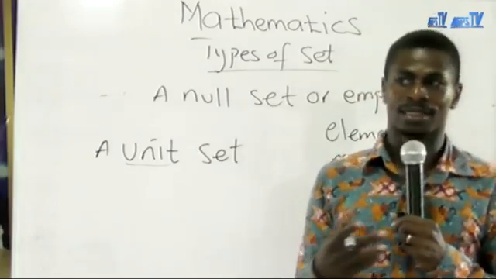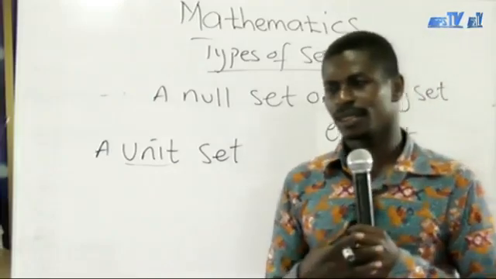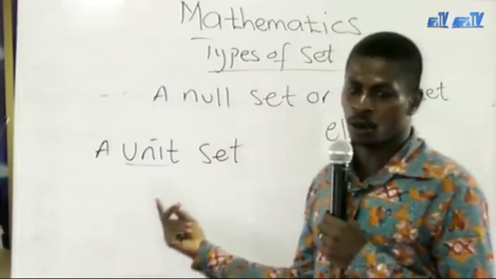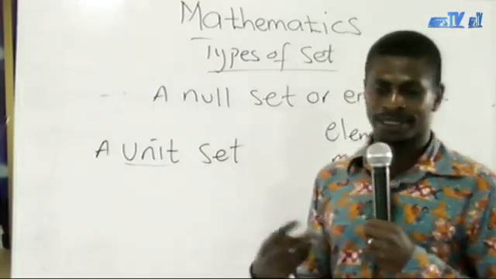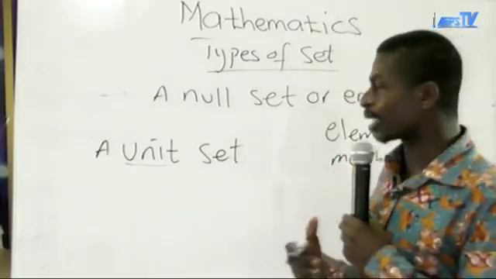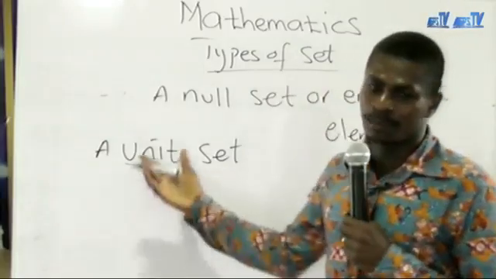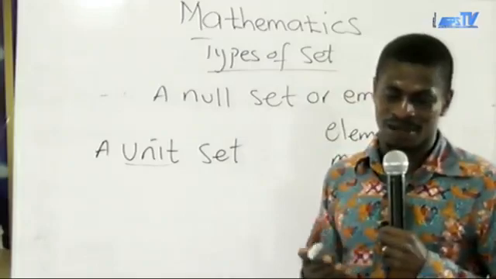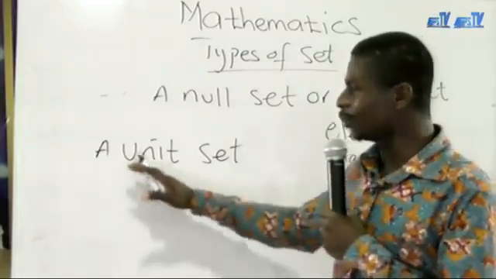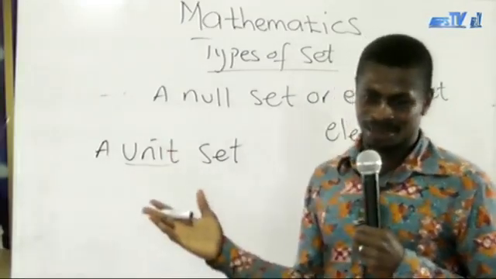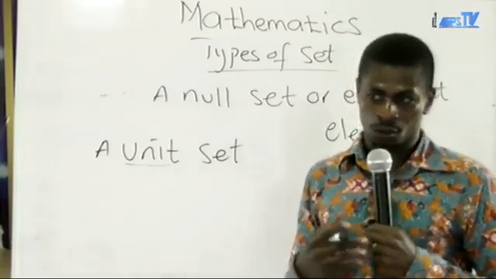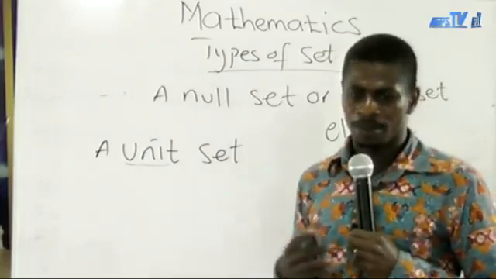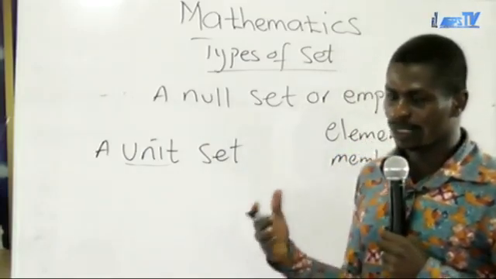When we say tri, we are talking about three. And so when we are saying mono, mono is one, or you can call it unit, which is one. So when we are talking about a set, and we are talking about unit, which is one, then definitely you agree that when we are talking about a unit set, per my definition, you can talk about a set with only one member. A set with only one member.